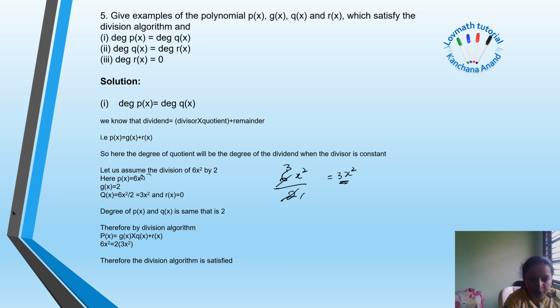Here the degree of p of x is 2, and the degree of q of x, that is the degree of the quotient, is also 2. Therefore by the division algorithm, p of x is equal to g of x into q of x plus r of x. 6x square is equal to 2 into 3x square, which is equal to 6x square. Therefore the division algorithm is satisfied.